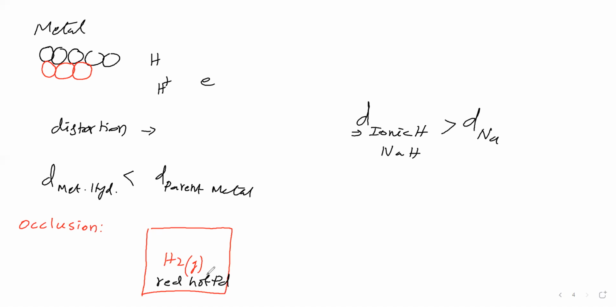How much hydrogen does palladium take? It will take 935 times the volume of palladium. That much hydrogen it will take. Suppose the volume of palladium is 1 liter, then this palladium will take 935 liters of hydrogen gas.